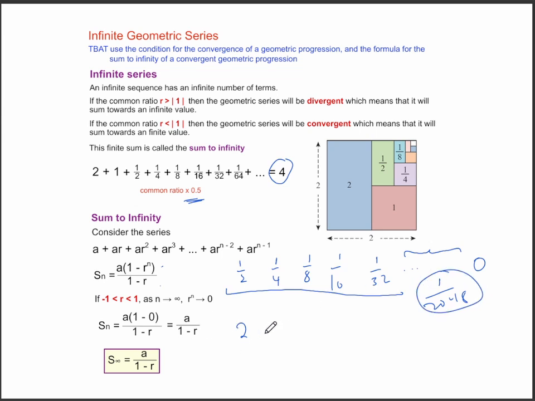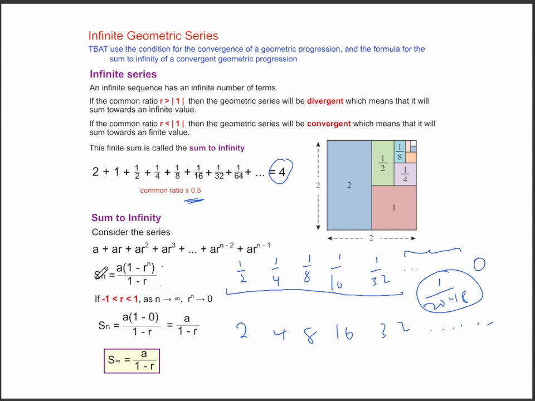While for any value more than 1, let's say 2, 2 power 1 is 2, 2 power 2 is 4, then 8, 16, 32, getting larger and larger. So r^n keeps getting larger and will go up to infinity.